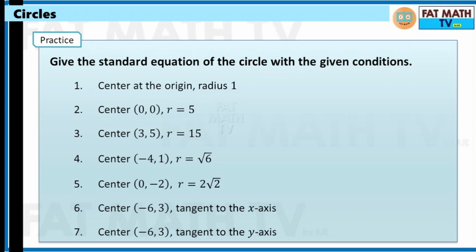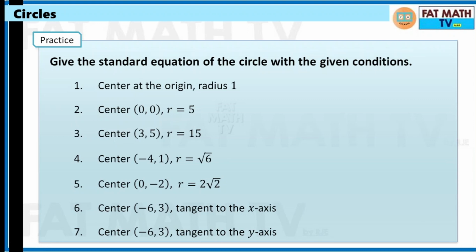Number 5, center 0, -2, r is 2 square root of 2. And number 6, center -6, 3, tangent to the x-axis. Number 7, same center, -6, 3, tangent this time to the y-axis. Okay, you can answer this in your notebook and check afterwards.